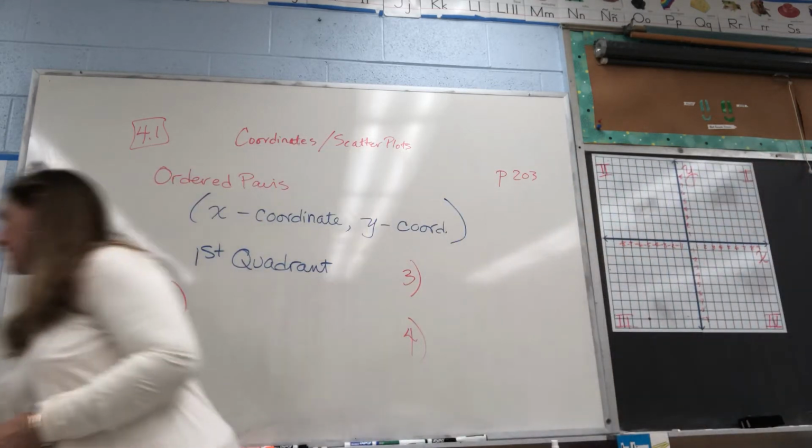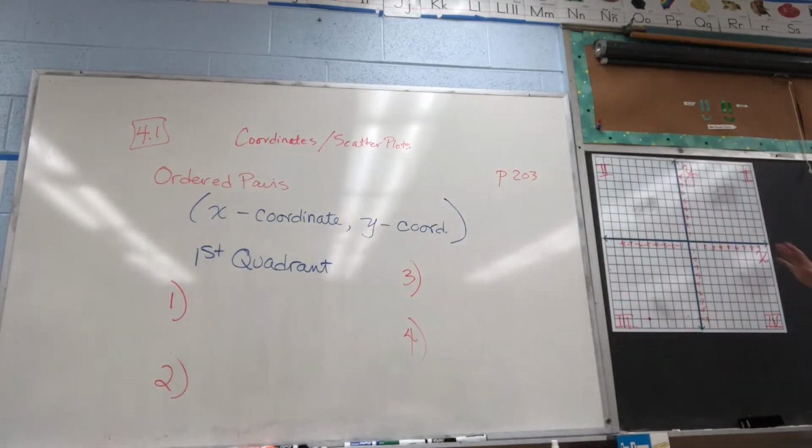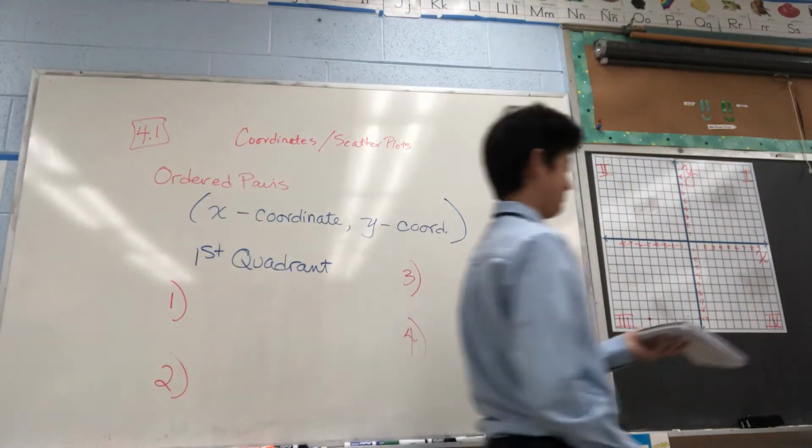Let me see if that's good. So remember when we're doing the ordered pairs, I'm going to go first on the x and then on the y. So first on the x, she's asking me to go to 1, and here's 1. And now, Alexis, you're asking me to go -8, right? So here's -8. Is that in the first quadrant? Where do you need to go?